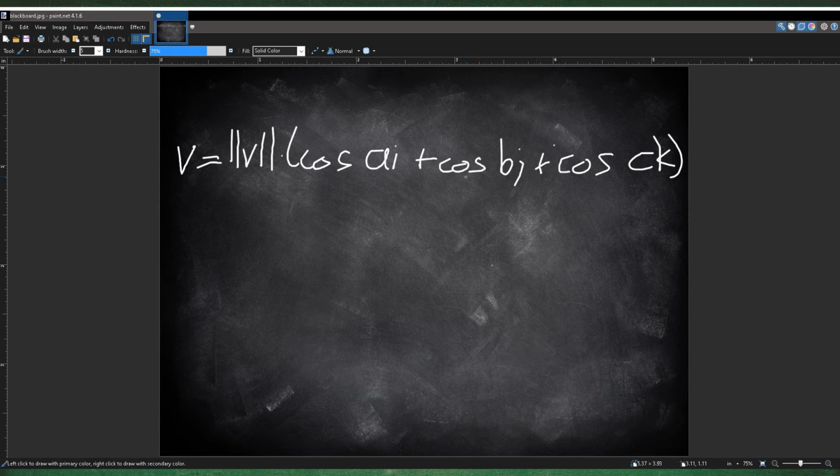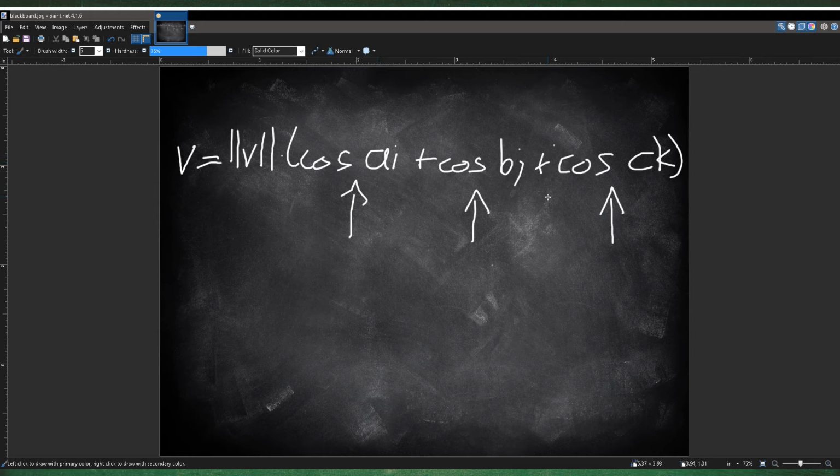And if you wanted to get the angles A, B, and C, it's just from the directional angles.